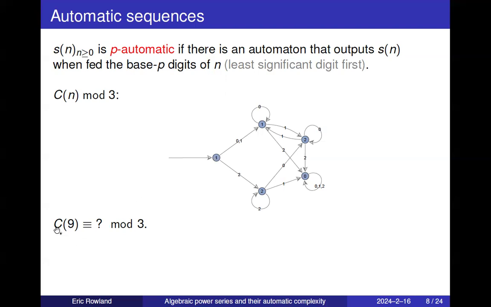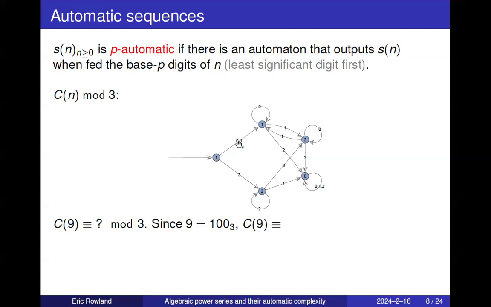So for example, if we wanted to compute the nth Catalan number mod 3, we would write n in base P, which is 3 in this case. So the representation of 9 in base 3 is 100. And then we're going to start walking through this automaton, following the edges that are labeled with the base P digits of n. So we're going to read 001. We start here. We read a 0.